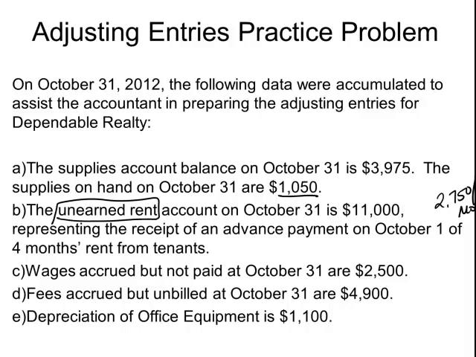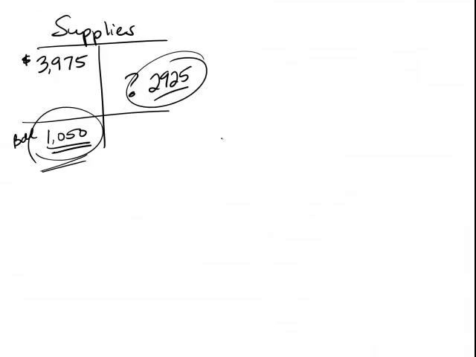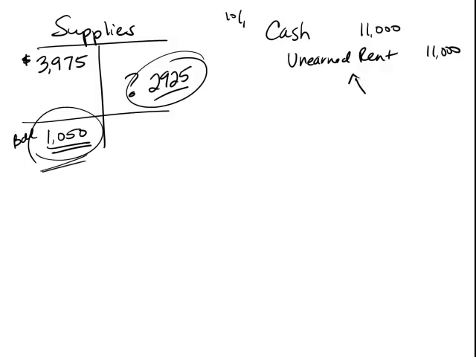Now, October 1st, when we received that, the journal entry we did was we received cash of $11,000, and we put it in unearned rent. This is a liability.